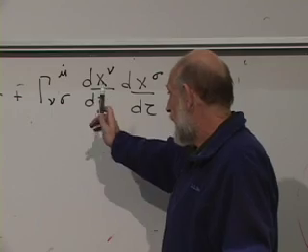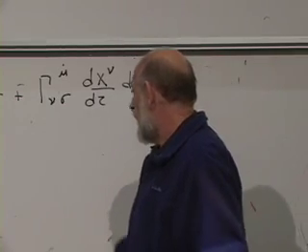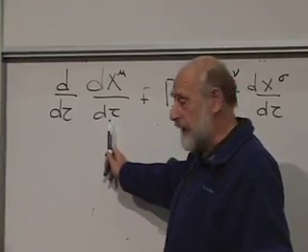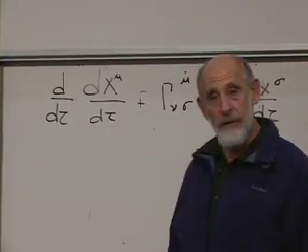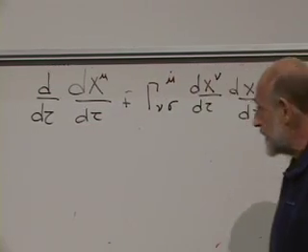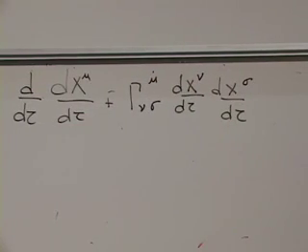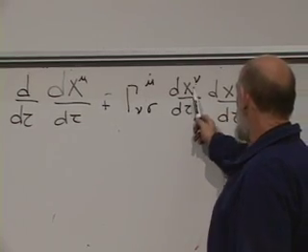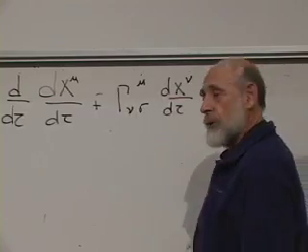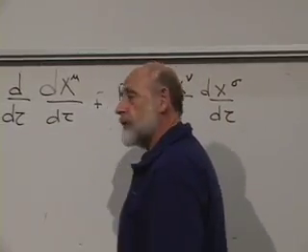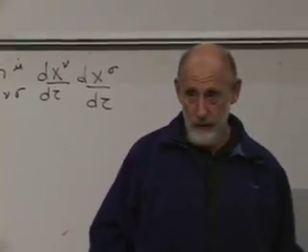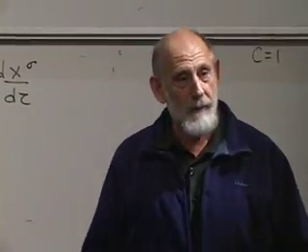Right? Now, tau and t are almost the same if particles move slowly. So this is almost the ordinary acceleration. On the right-hand side here, these things are either very small or they're close to 1. So what does it say? It says the acceleration is equal to a certain Christoffel symbol.